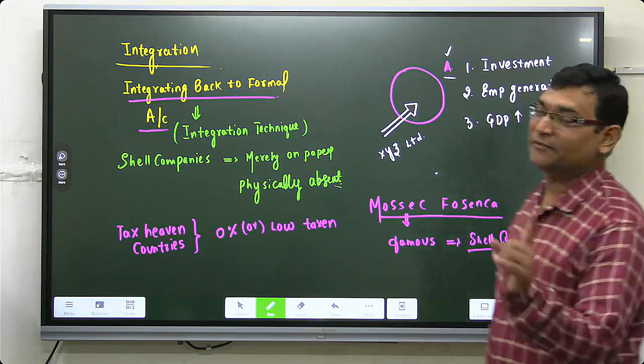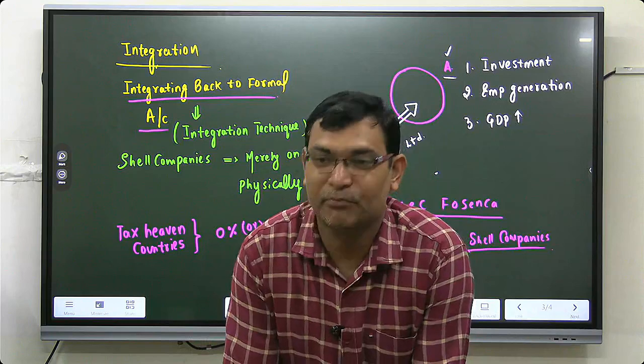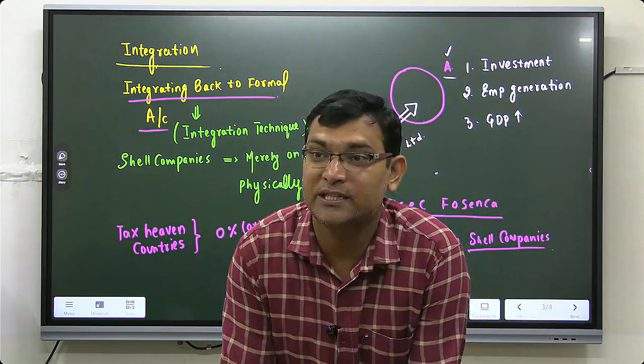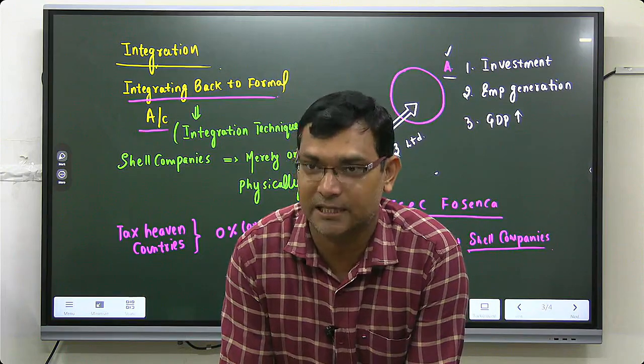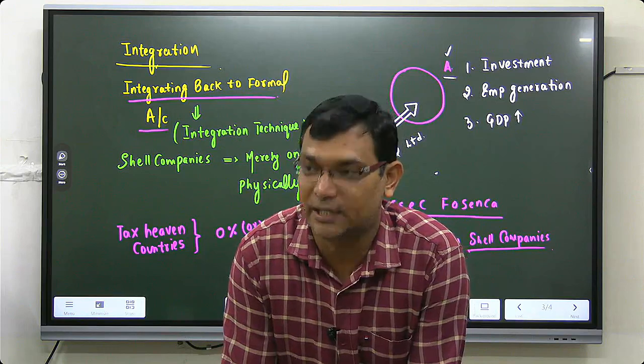Before the 2019 elections, Prime Minister Narendra Modi spoke with the chartered accountants, CAs, and almost 3,000 shell companies were shut down.